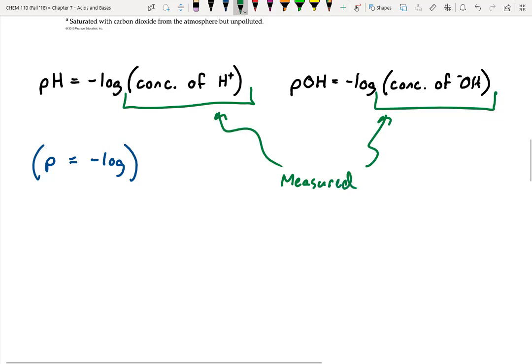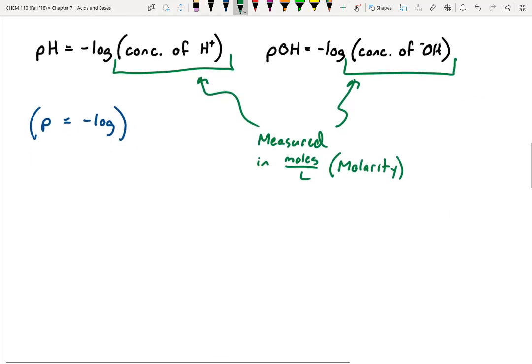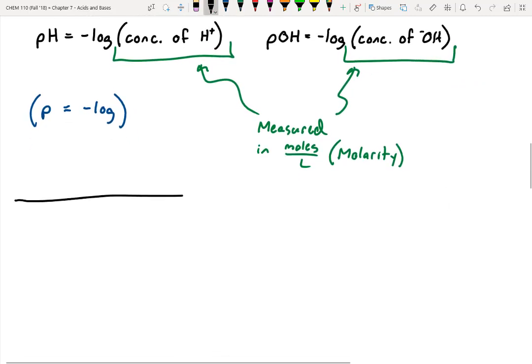So it's measured in moles over liter, which is molarity. So we can calculate pH and pOH of various solutions if we know the concentration of protons or hydroxide anions in there. All right, let's do the inverse of this though.